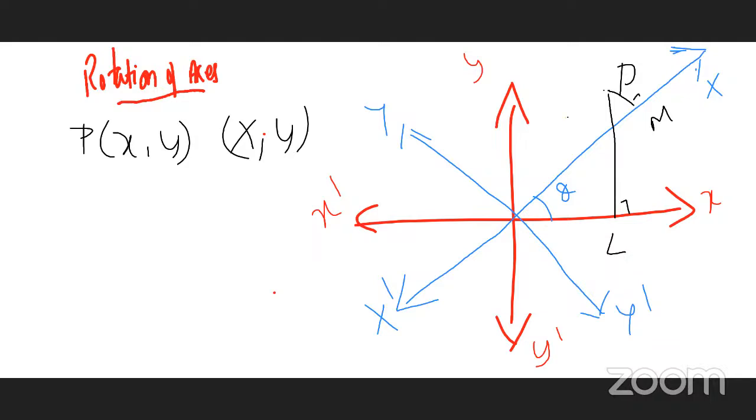Now from this M, I am going to draw projections to the x-axis and y-axis. I take this point as L. Intersection of these two lines, I'll take as Q.